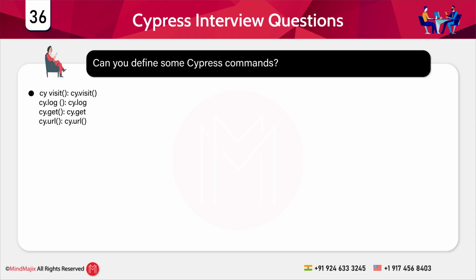So guys, as you can see over here, these are some of the very useful commands in Cypress. If you talk about cy.visit, this command is used to navigate to a particular website. The next command over here is cy.log. This particular command is used to showcase Cypress console logs during the execution.